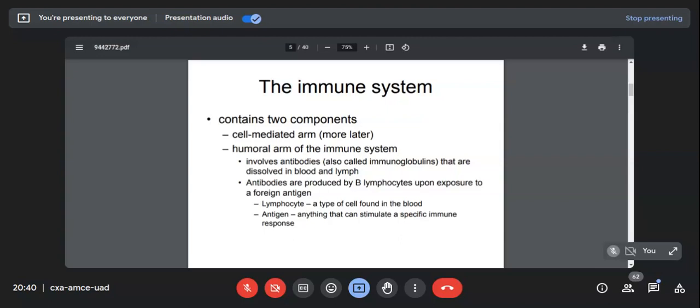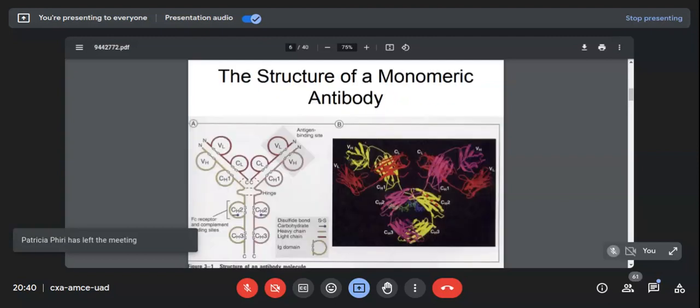Then I said with regards to humoral immunity, the main effector cell responsible is the B lymphocyte, also called the B cell. On the B cell structure, we have what we call an antibody, which helps it to do its function.